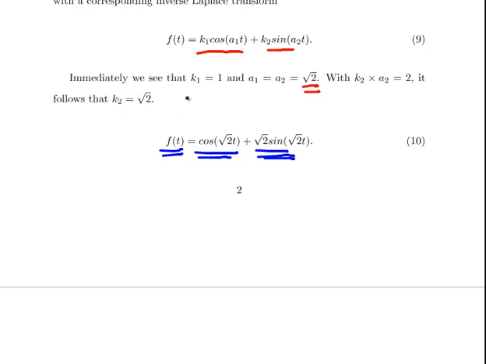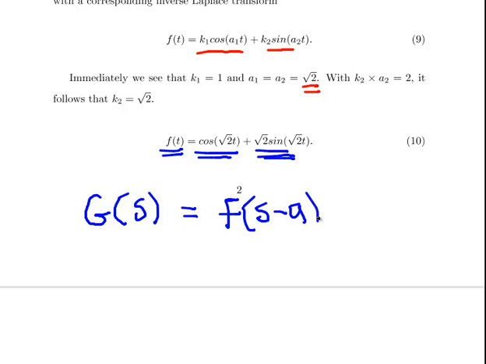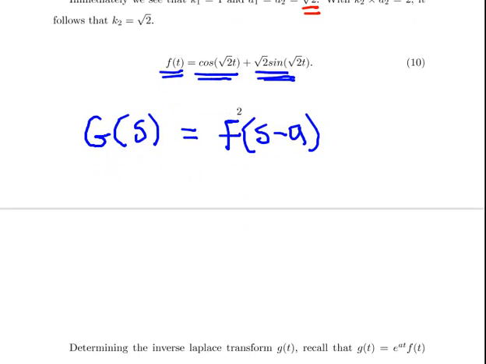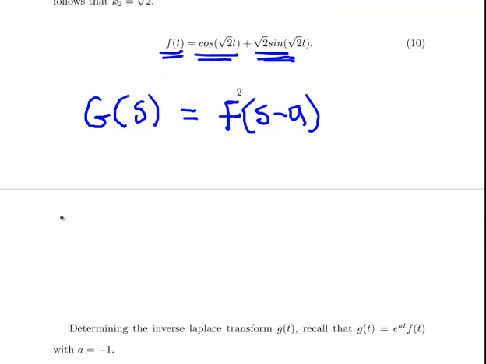Now remember earlier on, we've actually gone a long way. So let me just backtrack here. G of s was in this form here, F of s minus a. And the inverse Laplace transform of F of s minus a is something from the tables.